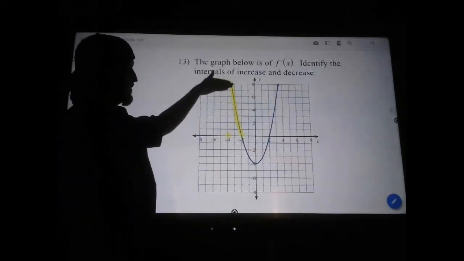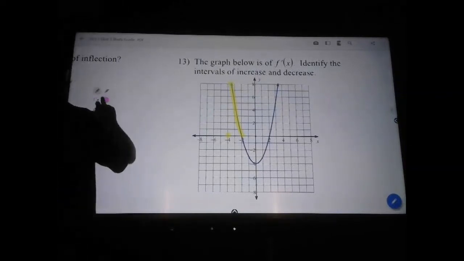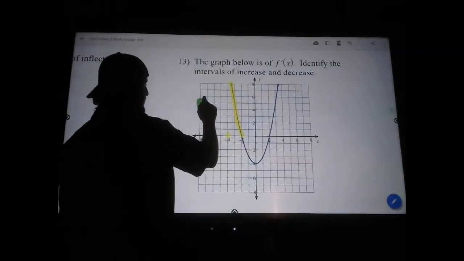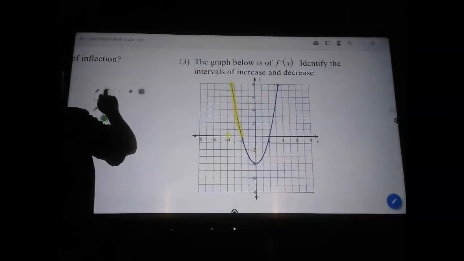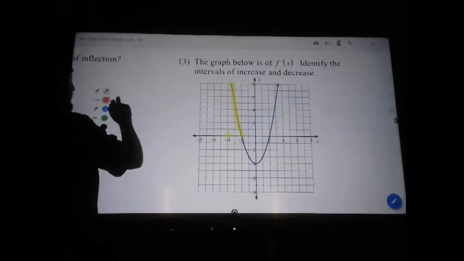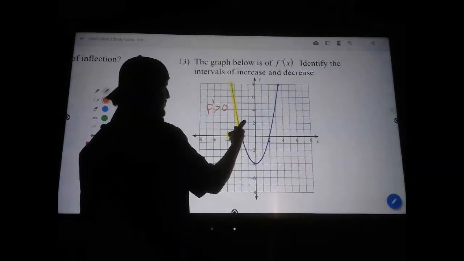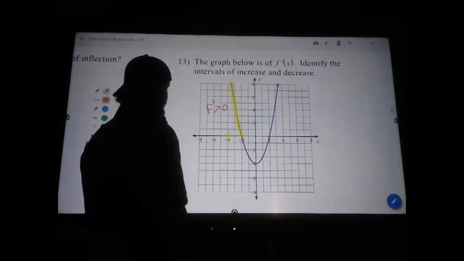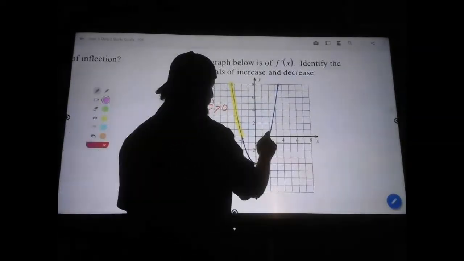F prime is above the x-axis, which means that f prime is positive there. So f prime is greater than 0 on that interval. And the same thing holds true for over here.